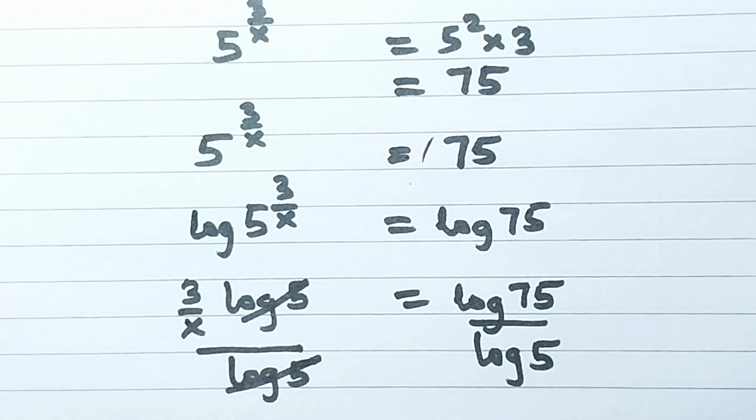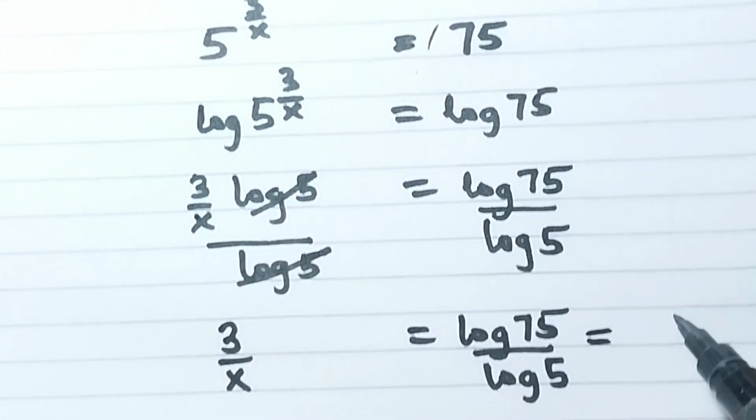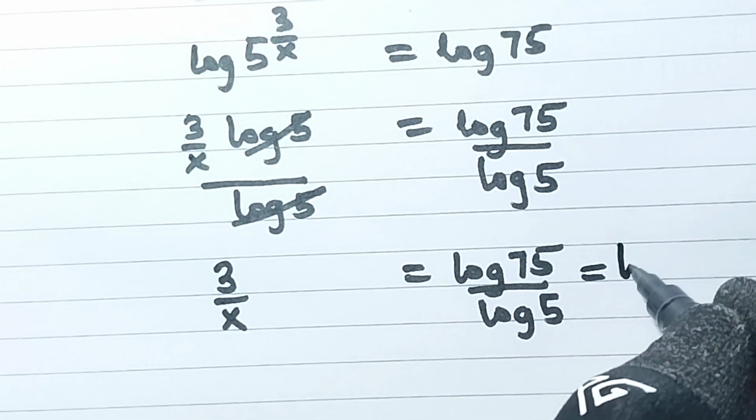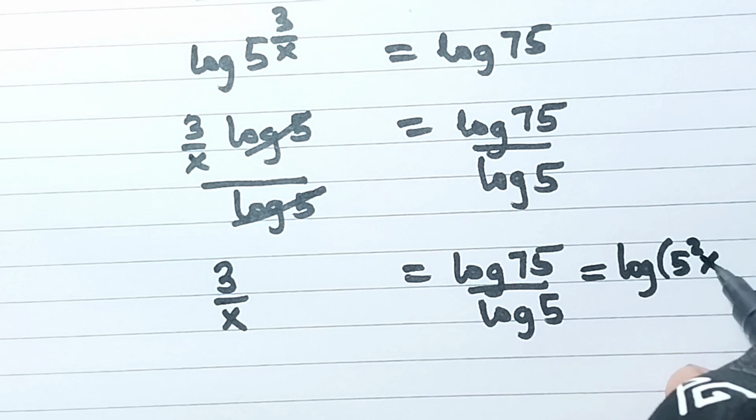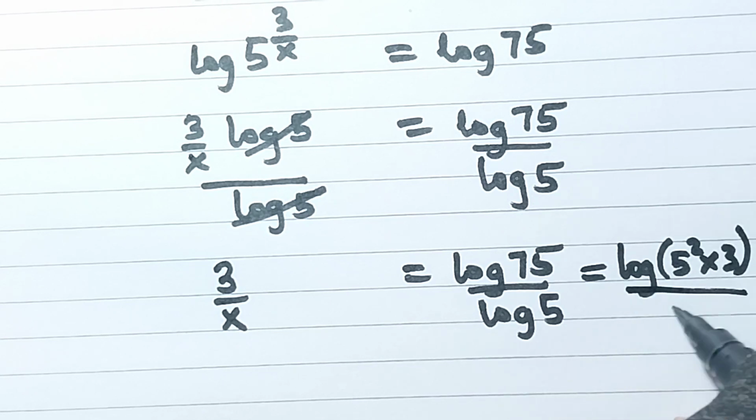log of 5 squared times 3 divided by log 5.